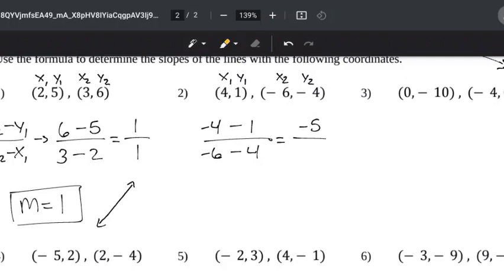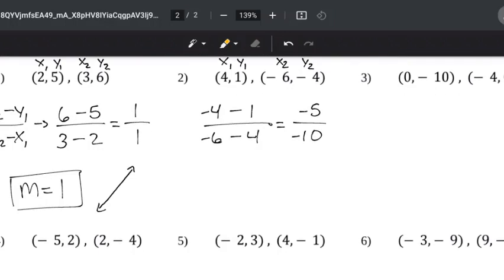Negative 6 minus 4 is negative 10. Negative 5 over negative 10 simplifies to positive 1 over 2. So our slope is positive, so it should be following that general format, up to the right.